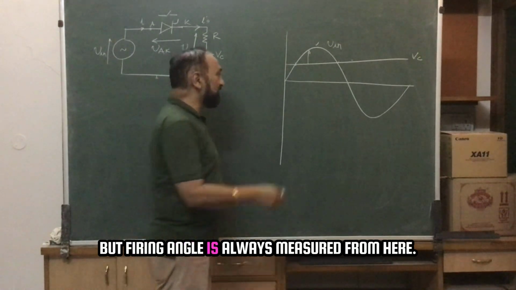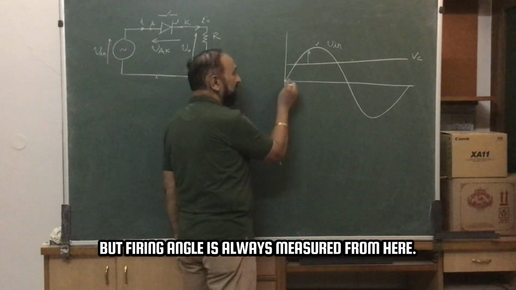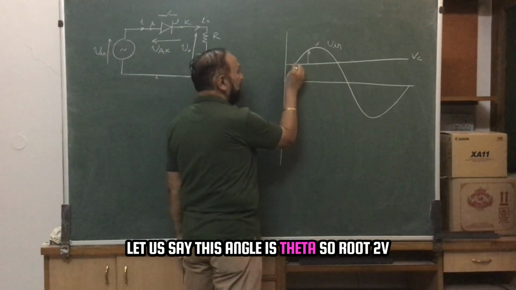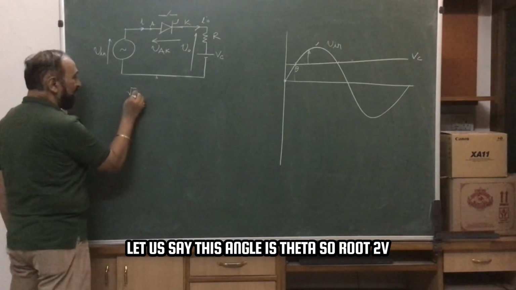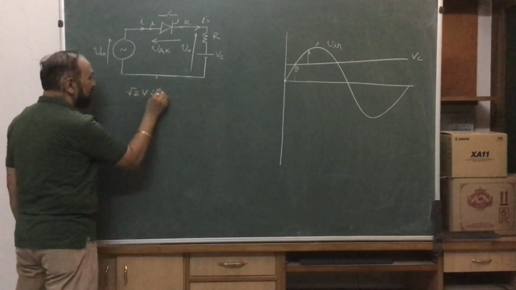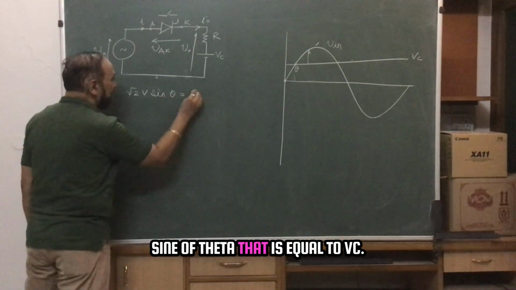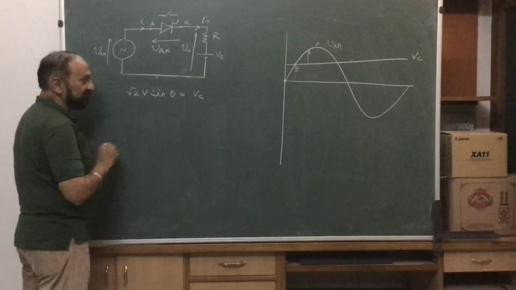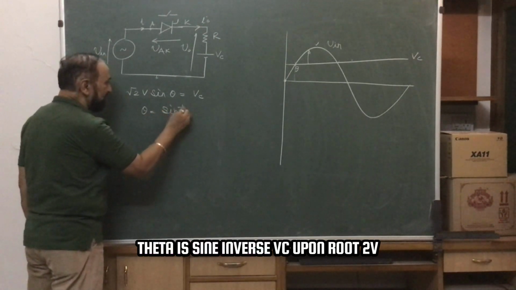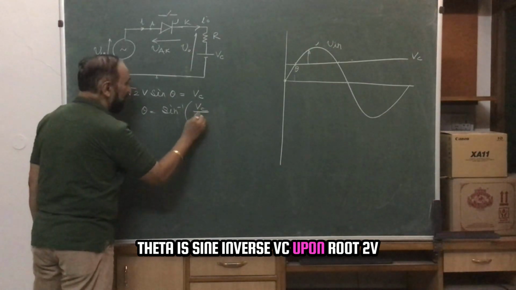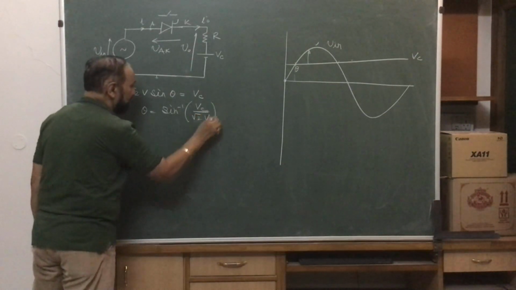But firing angle is always measured from here. Let us say this angle is theta. So root 2V sine of theta, that is equal to VC. Theta is sine inverse VC upon root 2V.